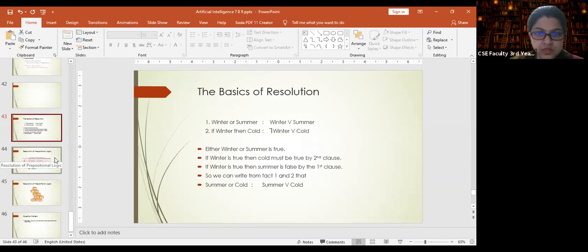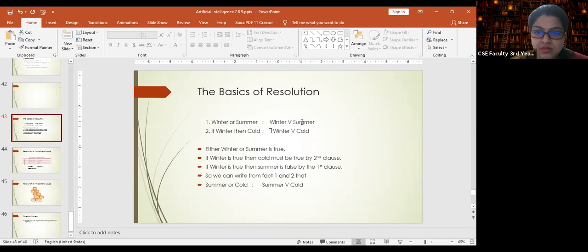Now I'm going to basic resolution. The basic resolution I have already shown to you: if we want to write an or sign, then on both sides of the or sign the same thing cannot be there. The opposite thing should be there, like winter or summer.